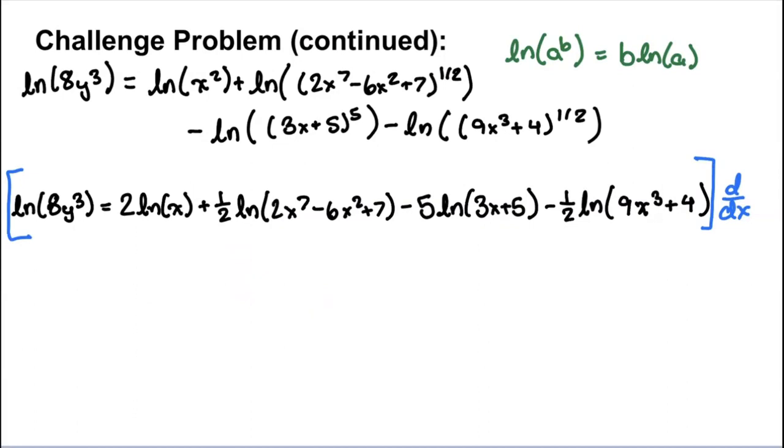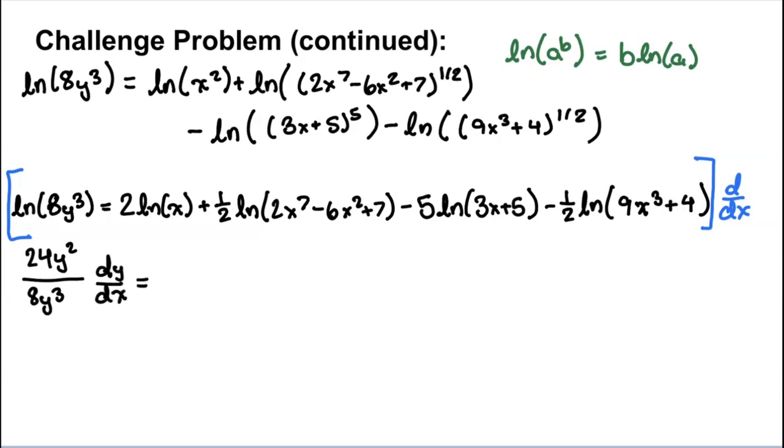So let's start with the process of doing the derivative of this equation. The derivative of 8y cubed is 24, let me write that in black, 24y squared over what was originally inside, 8y cubed, and because this is a y, we're going to have our dy/dx.